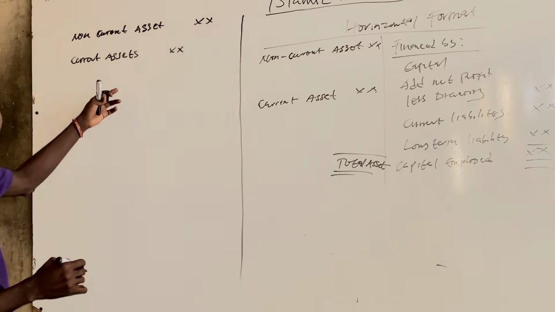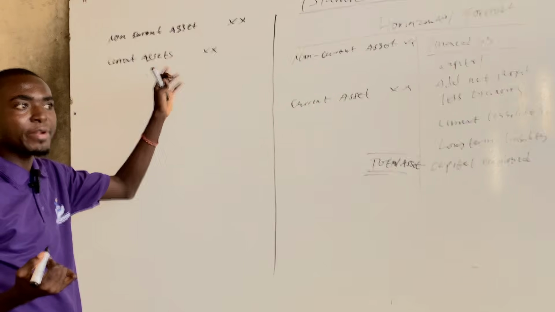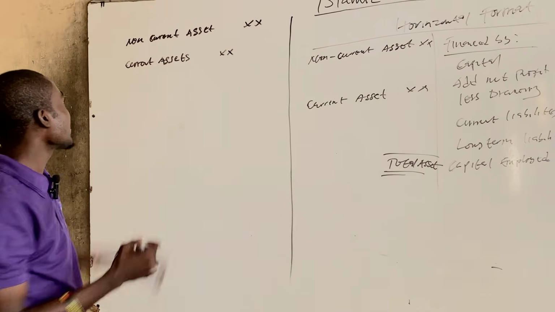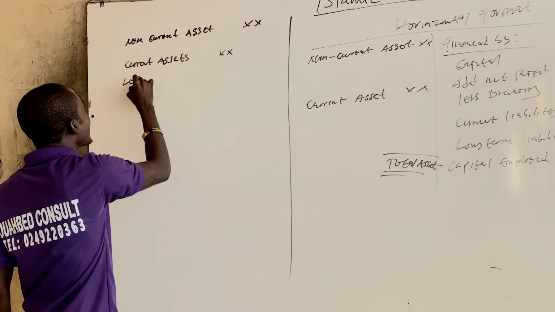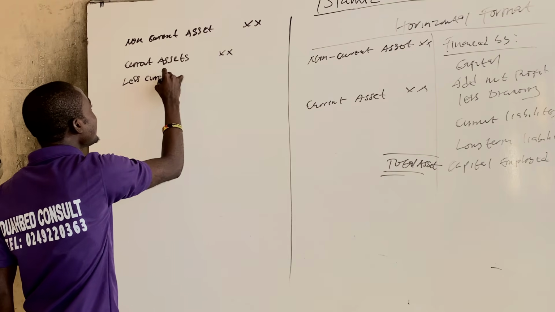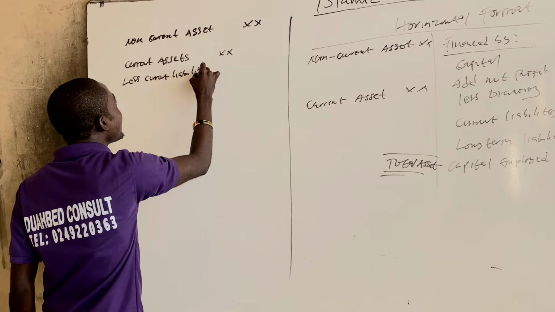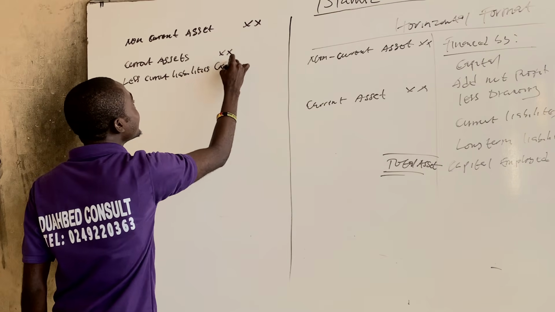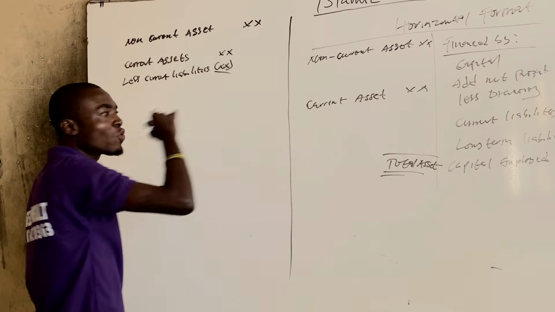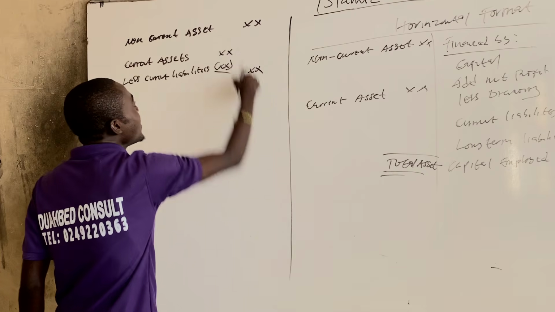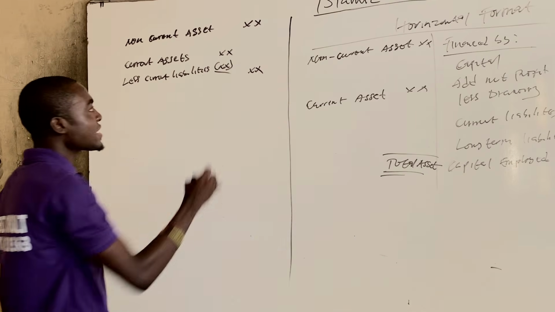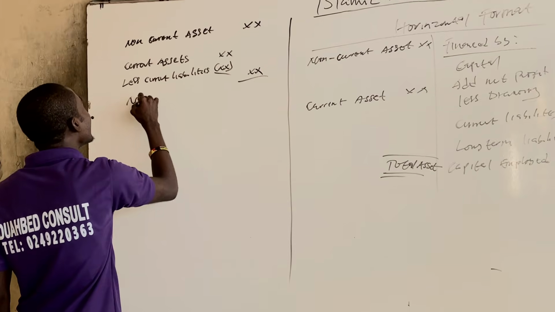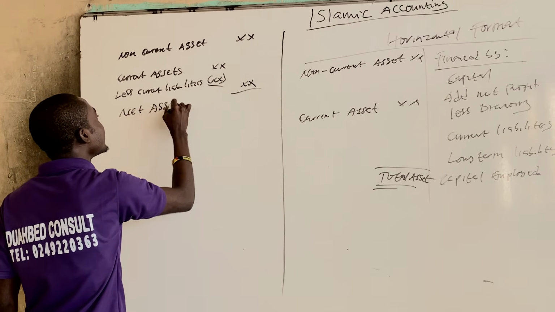After that, you subtract the current liabilities from the current assets. And then the difference will give you working capital. And then you add it to non-current assets to give you net assets.